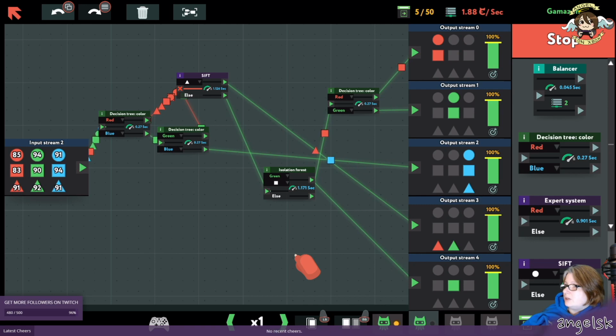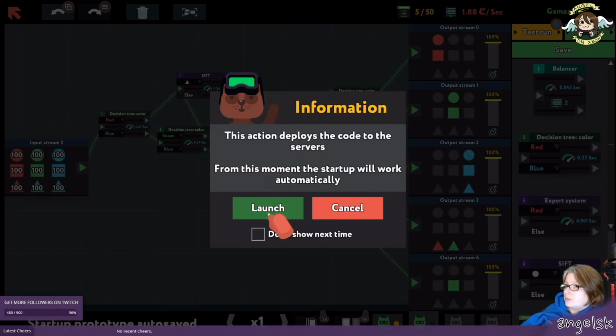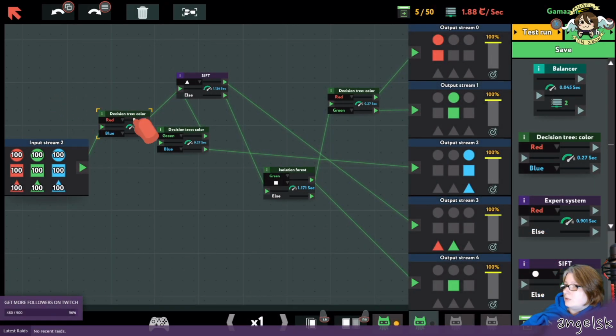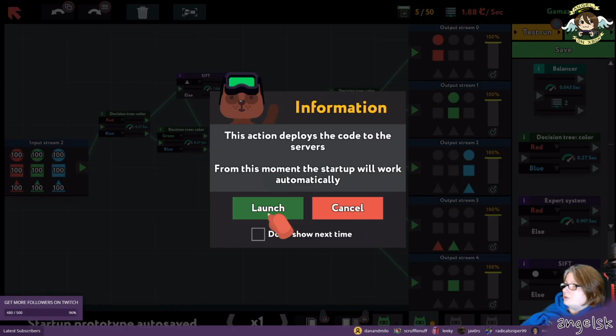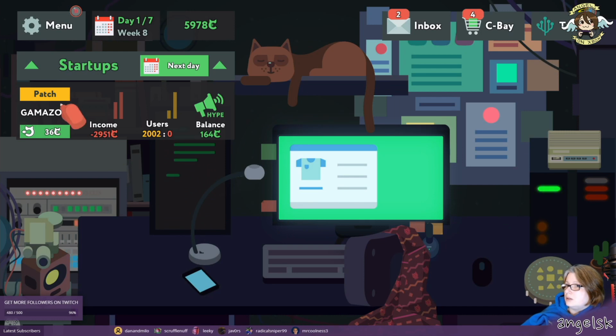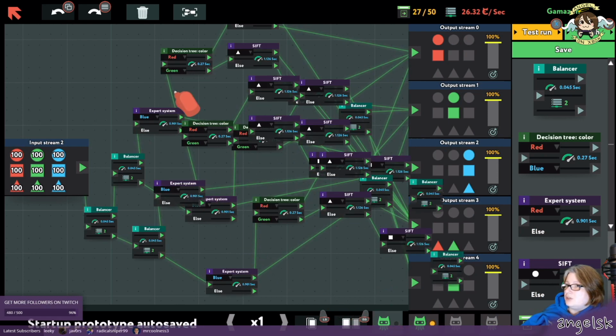Getting stuck in sift, but hey, it's cheaper. Let's try actually launching the right code. I think, God, I don't even know how that works. But yeah, can we just delete this?